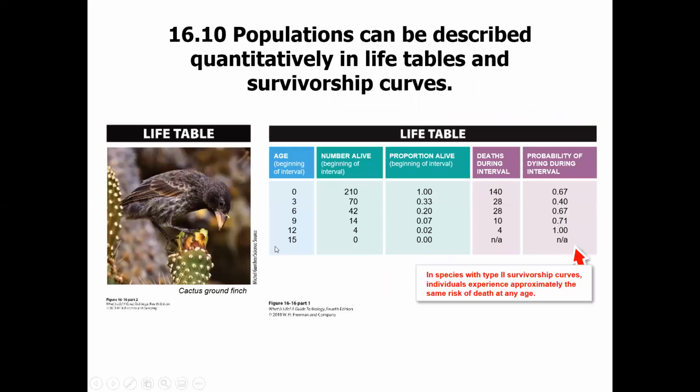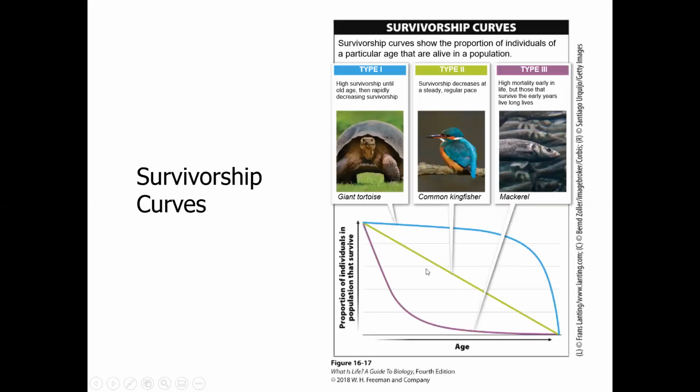So in this life table example, where we had 210 individuals starting and 140 die at the beginning, that would be a perfect example of type 3, because we had a lot of individuals at the beginning and most of them die off, and then those that do survive tend to make it. So type 1, type 2, and type 3 are those big survivorship curves.